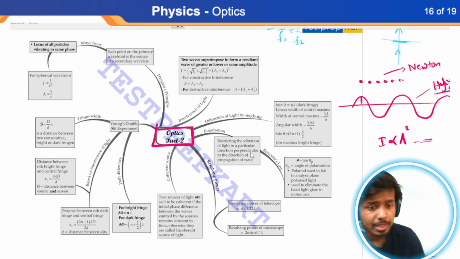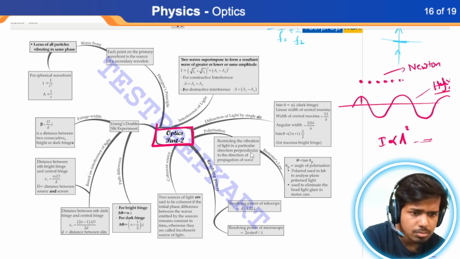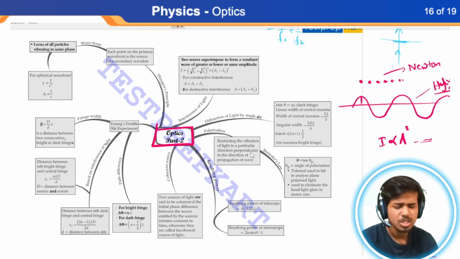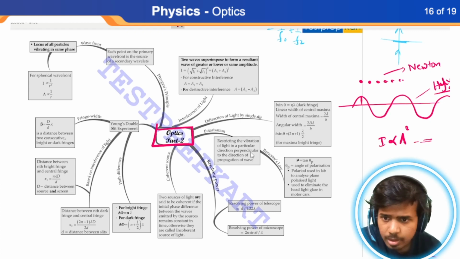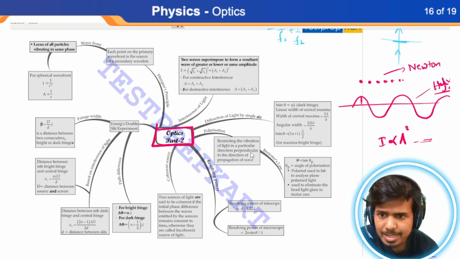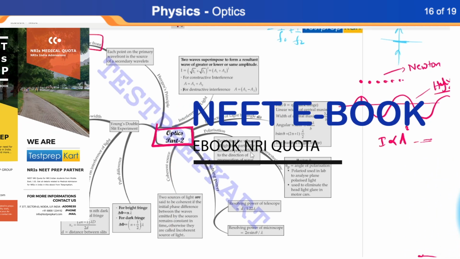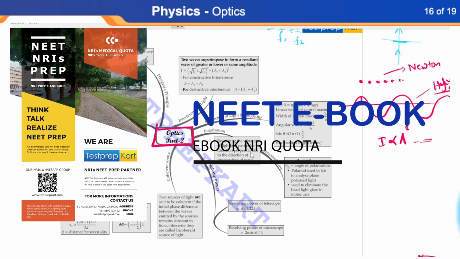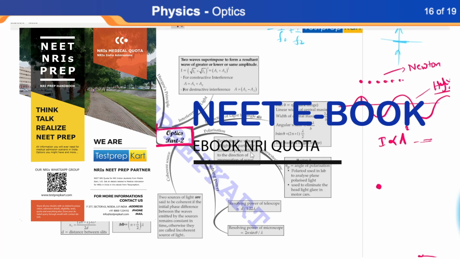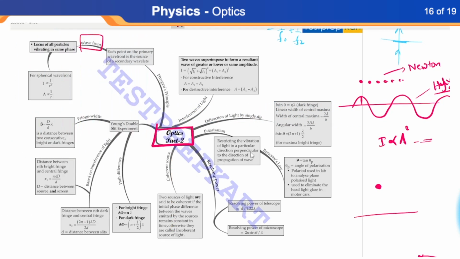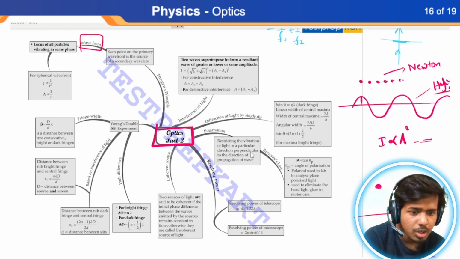What is the dependence on the amplitude? And amplitude, wavelength, everything you must be knowing by now, so I need not discuss all that. This is something called wavefront. Basically, let's say you have a ball that is dropped in a pond. Then when you look at it from the top, it appears to be in concentric circles, right?